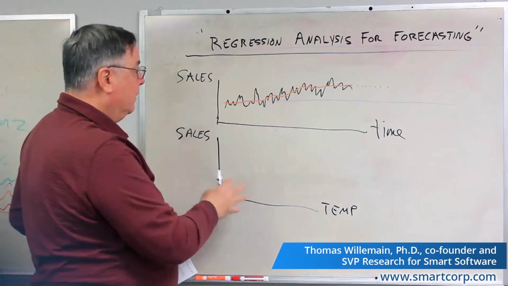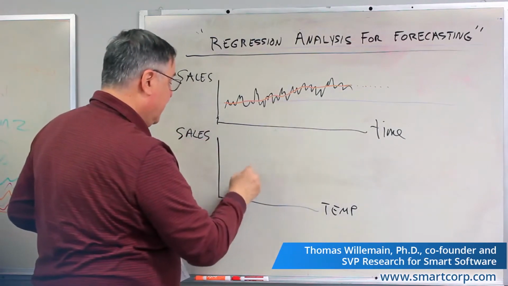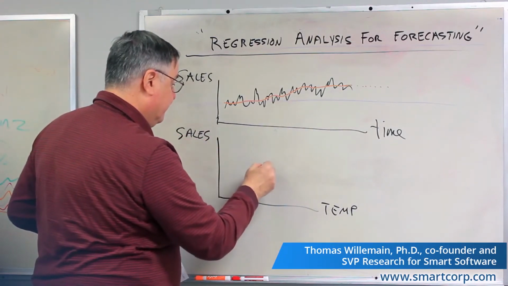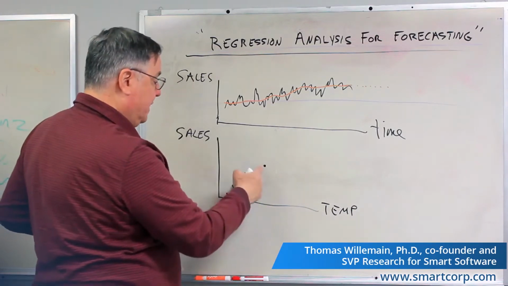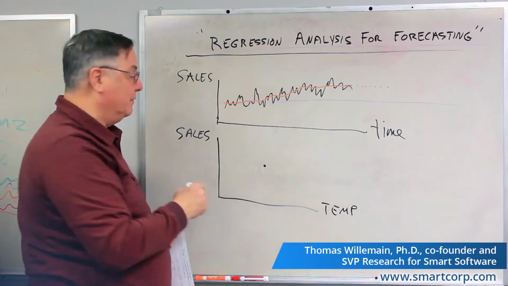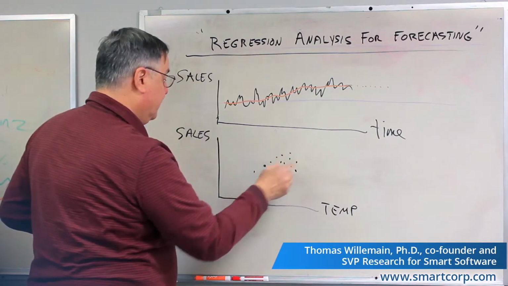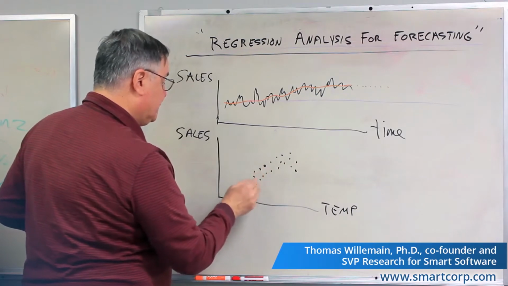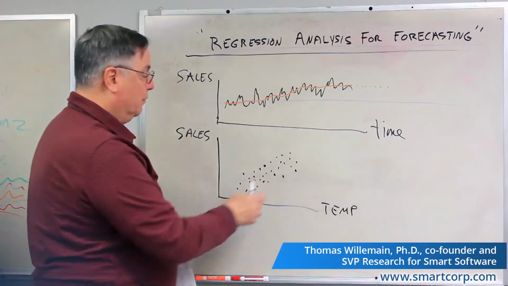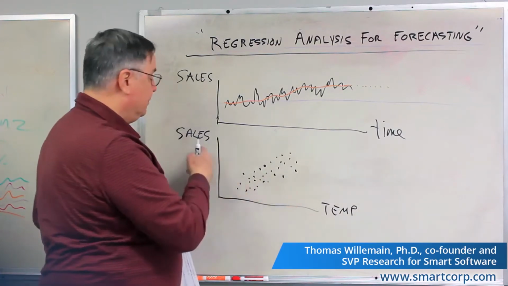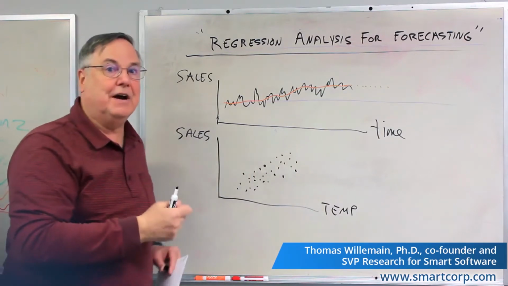So now each point in this time series becomes a dot in this graph, because at a certain day there's a temperature and there's a sales level. And by looking at two time series and making this sort of a plot, we get what's known as a scatter plot, relating observed values of temperature to observed values of sales. And if you see a picture like this, then you've got something.